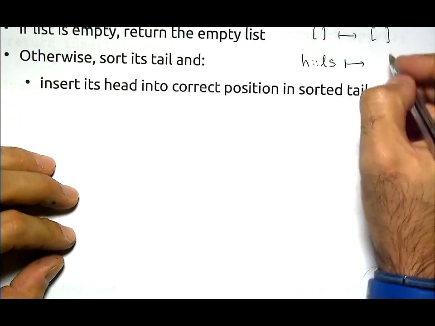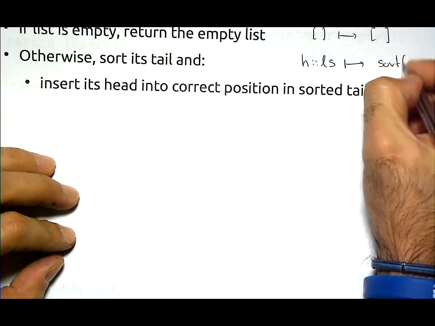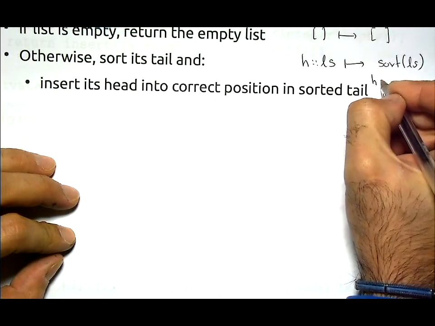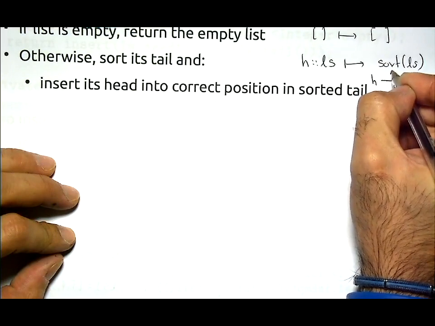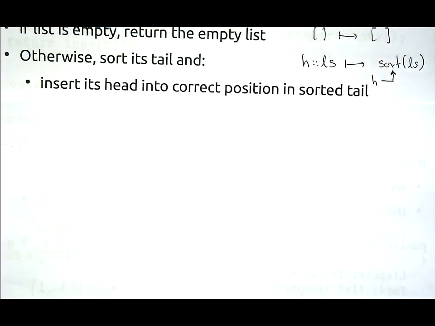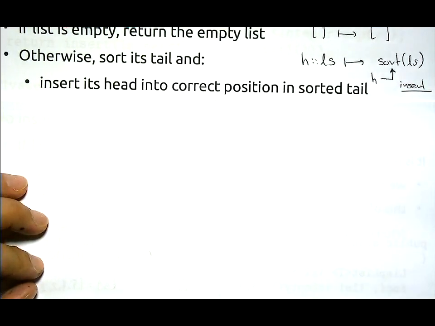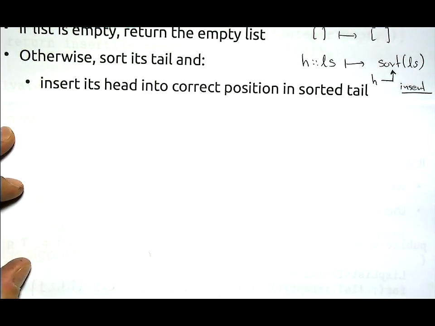Then what you can do is sort the tail and then take the head and insert it inside the sorted list in position. So you sort and then you insert. So this is insert. Okay? So this is a recursive solution so long as we define what insert means.